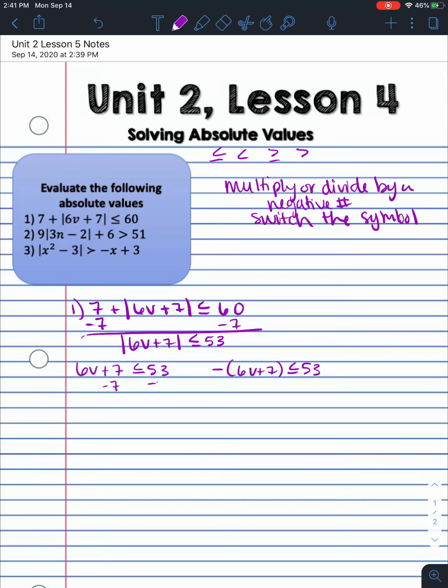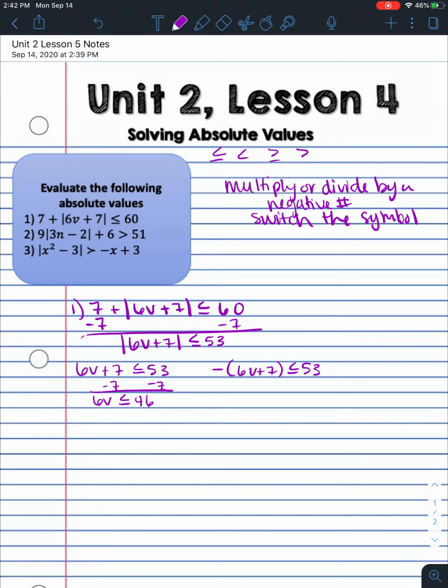All right, so over here I'm going to subtract 7 from both sides. I would still want to solve to get v by itself. So 53 minus 7 is what? 46? Let's see, 53 minus 7, 46, yeah.